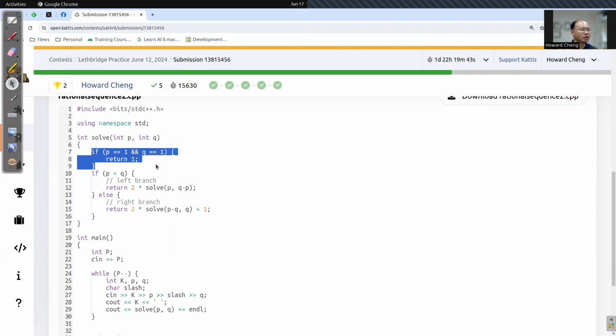If P and Q are both 1, you're at the root, it's 1. Things are always reduced, so that's your base case. Otherwise, if P is less than Q, you know that you're a left child. So you recursively go to the parent, and then take the answer times 2. And if you're on the right branch, you're a right child, then you recursively ask what the parent's number is, multiplied by 2 plus 1.